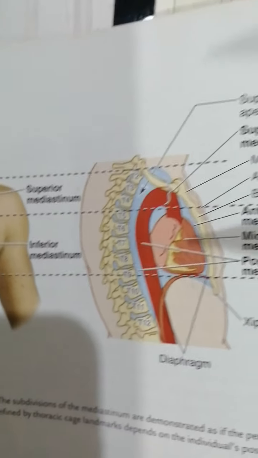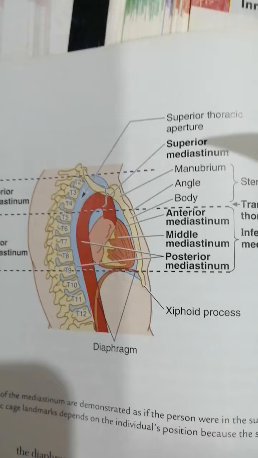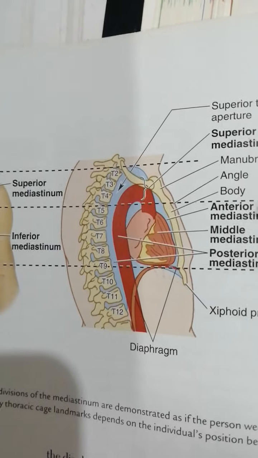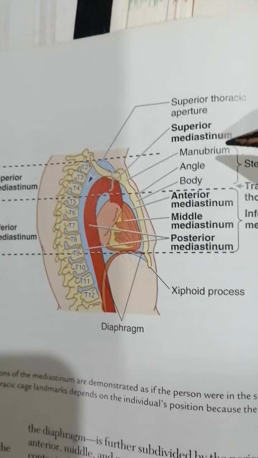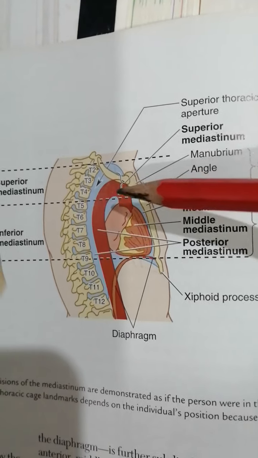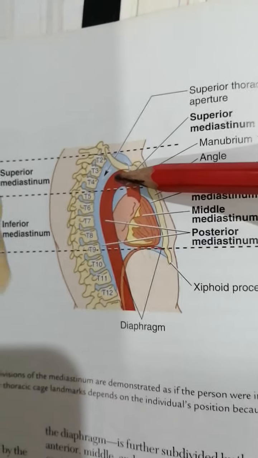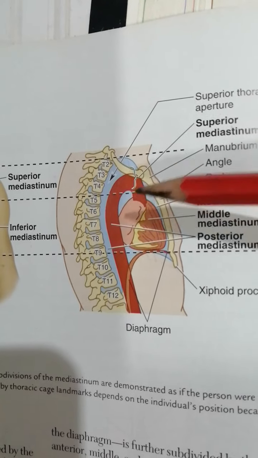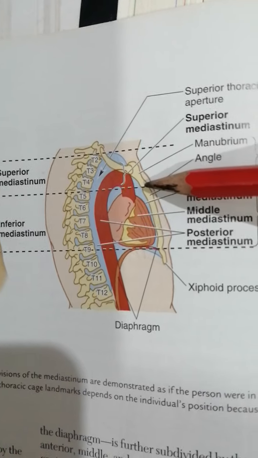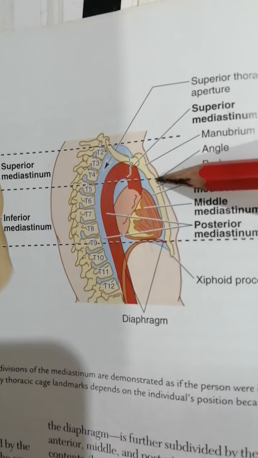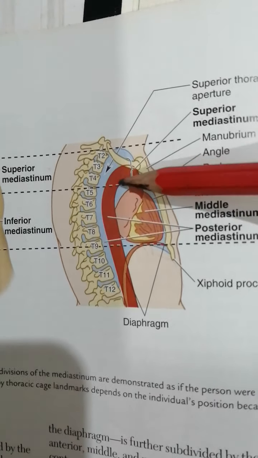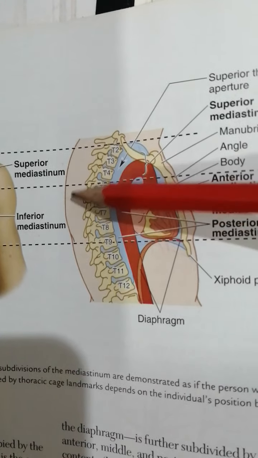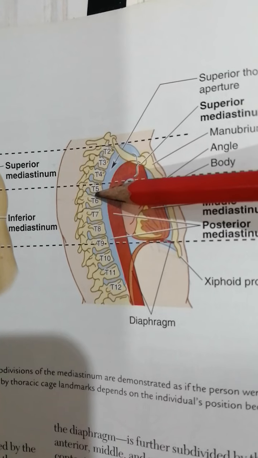So we divided the mediastinum in this diagram into the superior mediastinum and the inferior mediastinum. The superior mediastinum extends inferiorly from the superior thoracic aperture to the horizontal plane that includes the sternal angle. If we pass an imaginary line, as I have told you already, from the sternal angle posteriorly up to the junction of T4 and T5 vertebrae, this is T4 and this is T5.